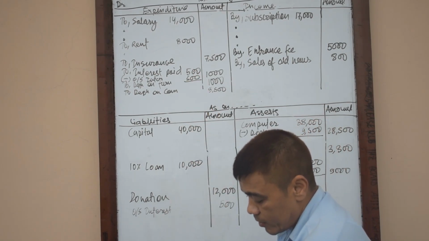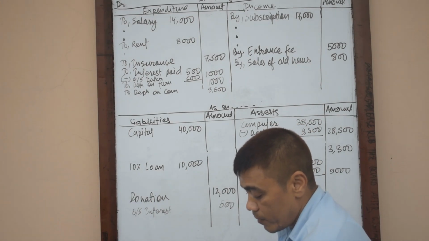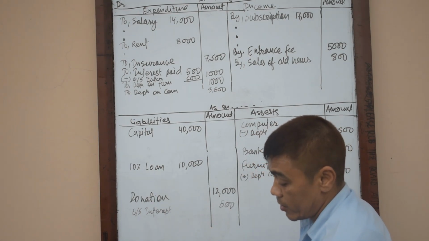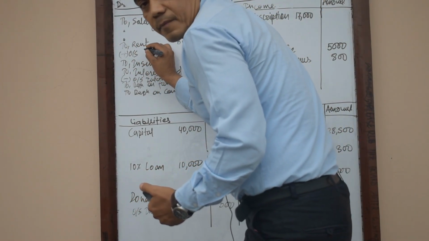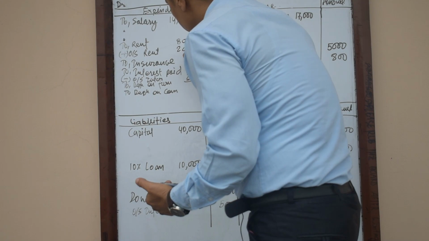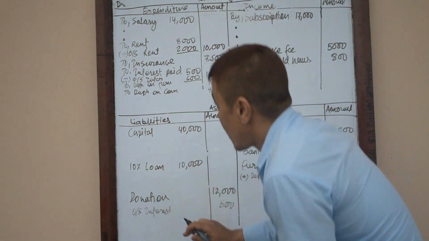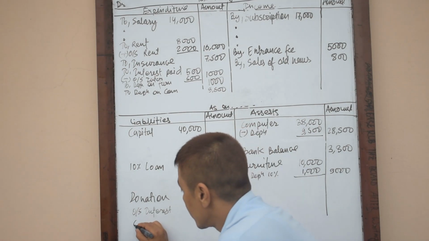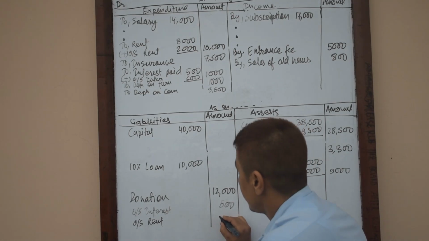If 8,000 is the rent of 8 months, then of 1 month it must be 1,000, and 2 months outstanding must be added here, plus outstanding rent 2,000, and here becomes 10,000. And this outstanding rent is again a liability to us, because we need to pay in the coming year, so that is recorded on the liability side. Outstanding rent, it is 2,000.